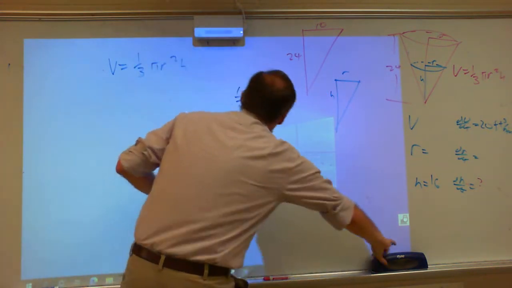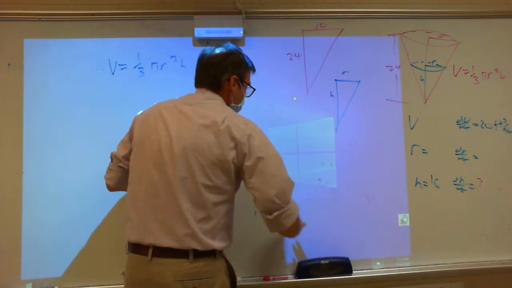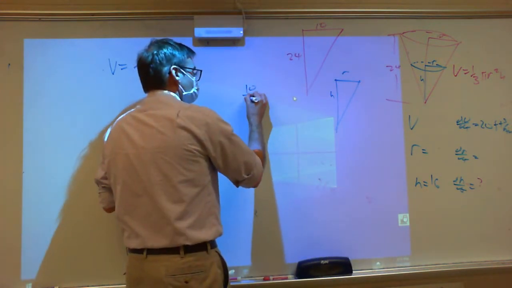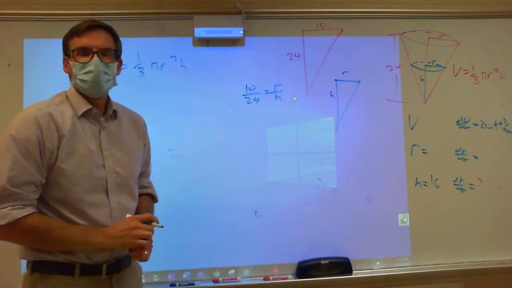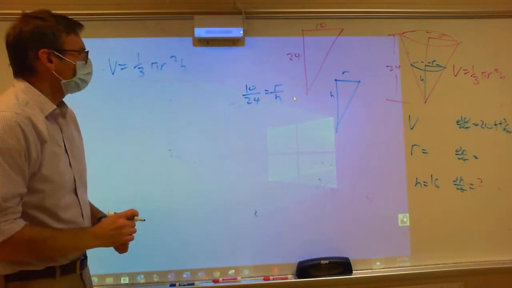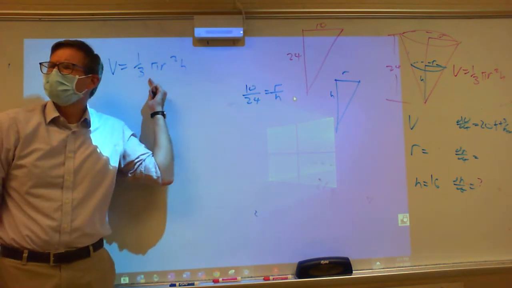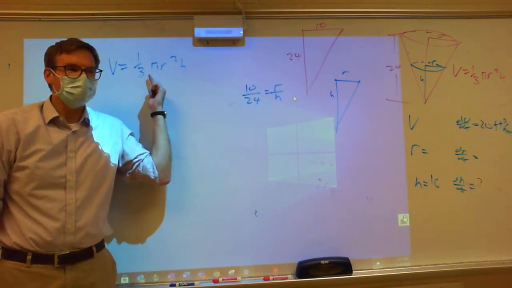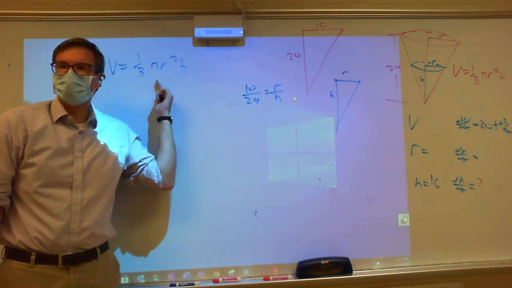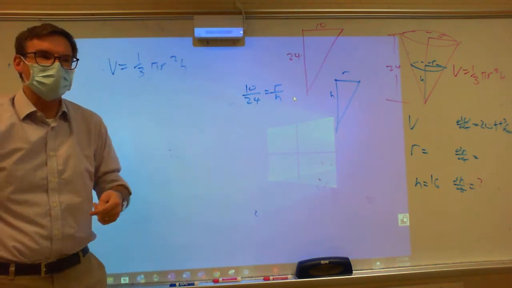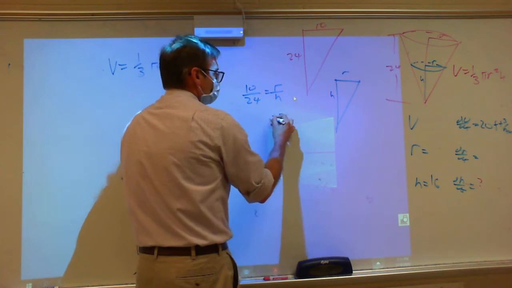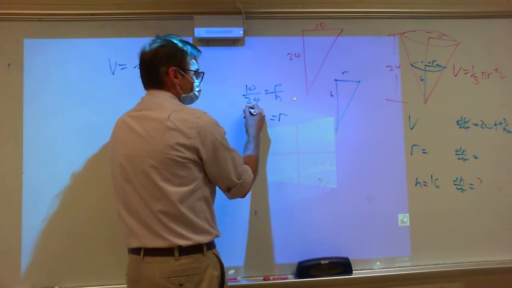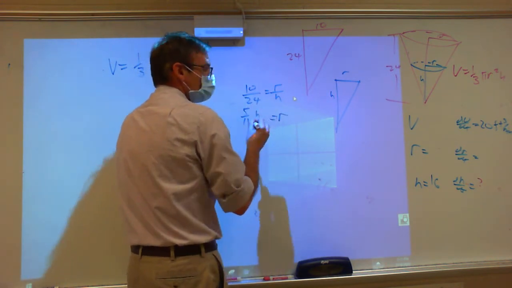Well, whoops. How about I try to actually make that neat? Now, what letter do we want here? H. I want H's, right? Since I want H's, I need to change R into something. So if I solve, can you see that R is going to equal 5 over 12 H?